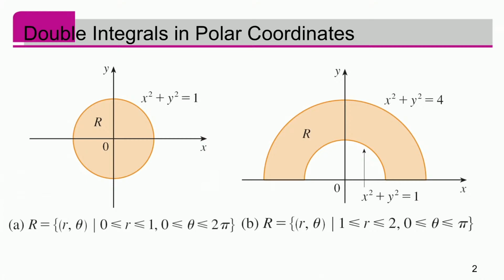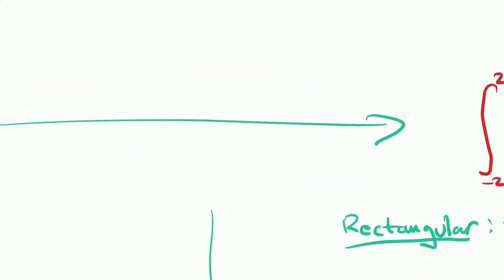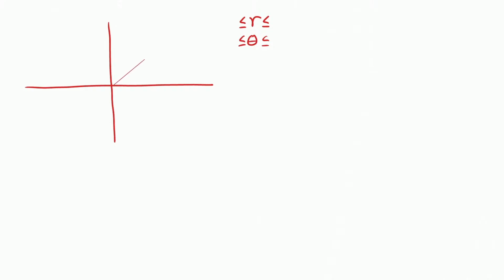Let's practice this with just a couple more of these. I'll draw some regions, so give me a sec. Here's what I'd like from you: tell me what this region would look like in polar coordinates. In other words, what are the values for r and what are the values for theta, the limits. Let's say that I'm interested in this pi wedge right here.